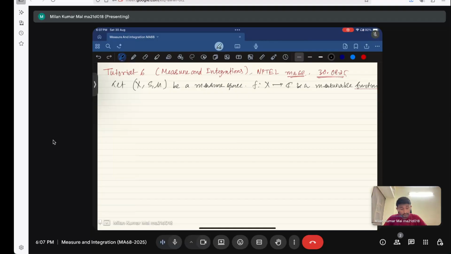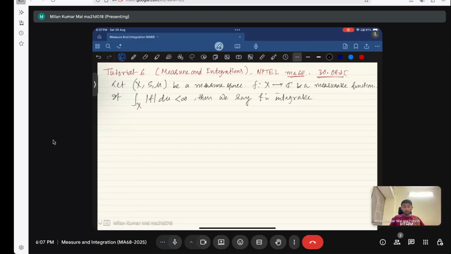And if f is a measurable function, we say that if the integration over X of mod f d mu is finite, then we say f is integrable.